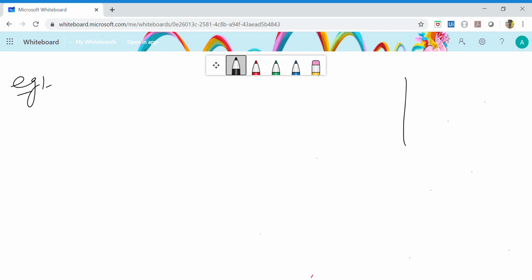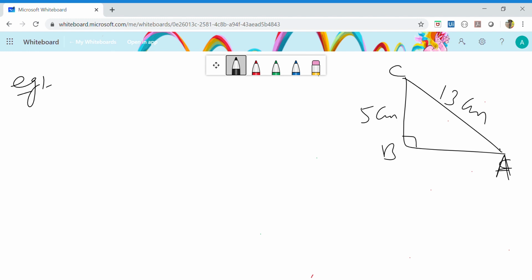Suppose in a right angled triangle ABC, right angled at B, CB is equal to 5 centimeters and AC is equal to 13 centimeters, they have given like that, and find out sin C, cos C, tan A and cos C. They ask you like that.